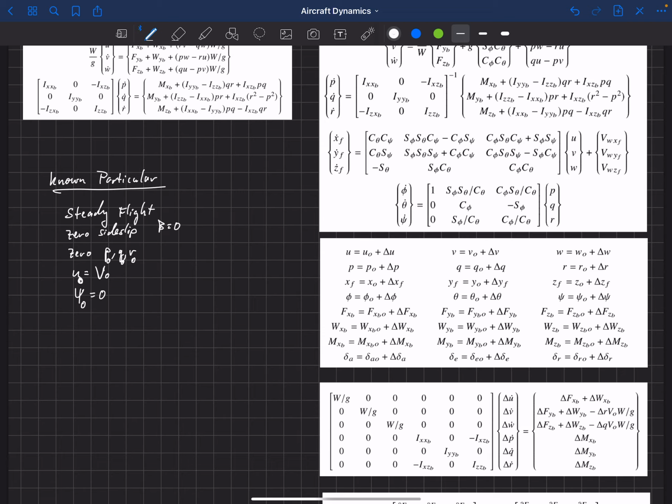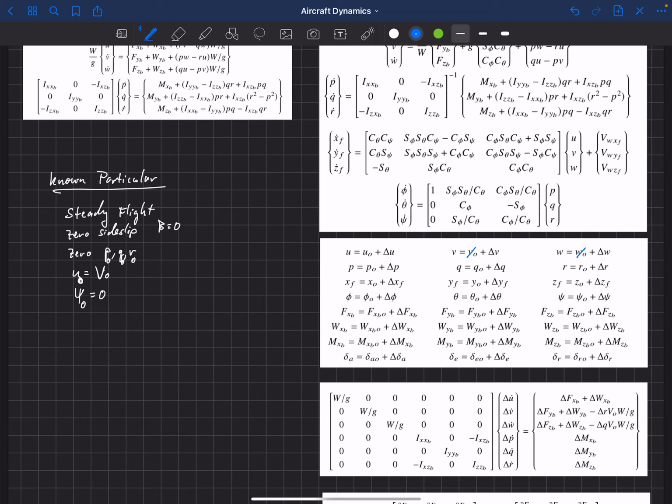So if that's the case, then at our known solution, V naught is actually 0 because we say that beta naught equals 0. We're saying that our known solution has no side slip, so V naught is 0. Also, because we've aligned this little u, our x-axis, with the direction of flight, our W naught is also 0.